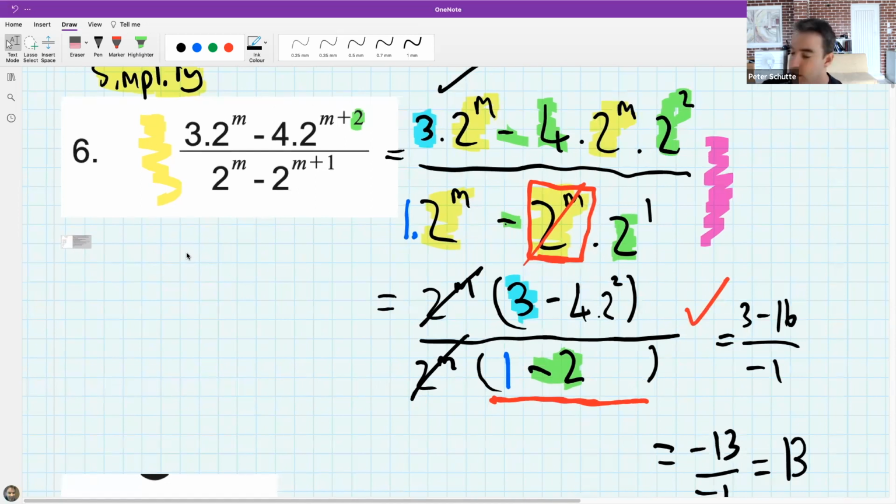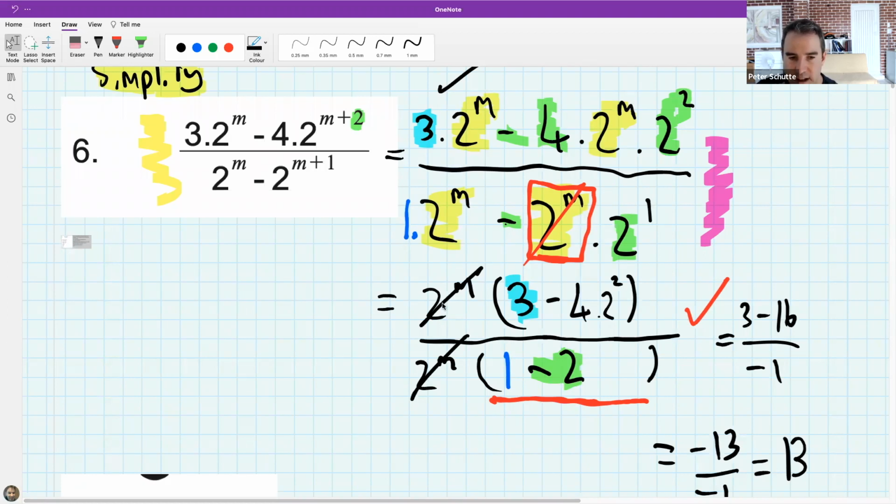So step one was to realize that the top and the bottom both have a common factor. The first part was to split it apart. So 3 times 2 to the m minus 4 times 2 to the m times 2 squared, that's the splitting step. Then you'll notice I take out what's called a common factor of 2 to the m. It's yellow.